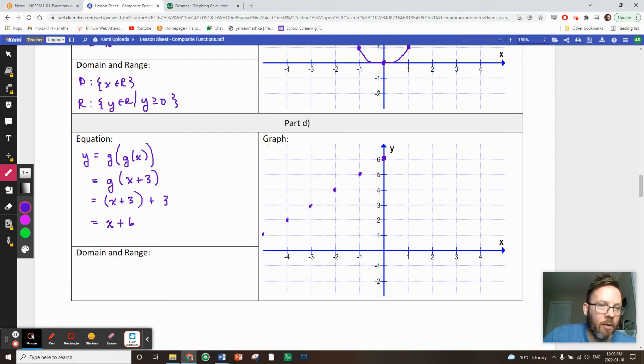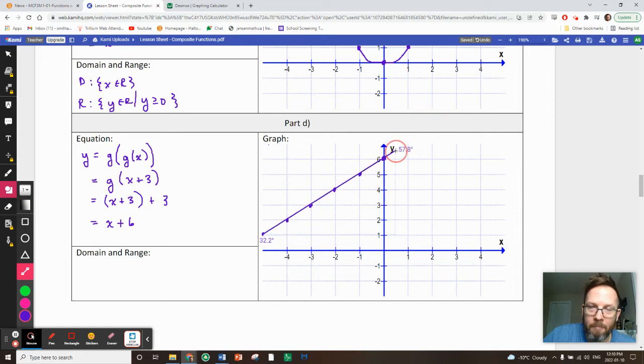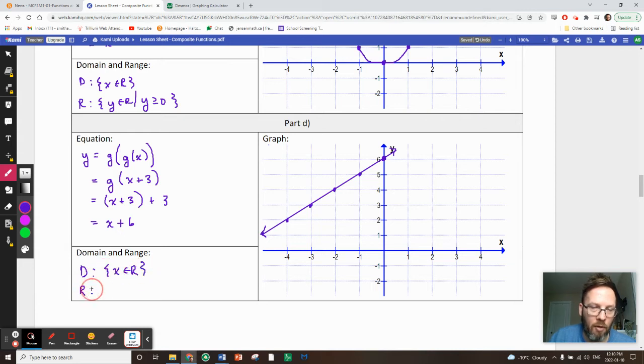I'm in Kami, so no excuse for me not to use a straight line tool for this guy. There we go. Now this is a line. It's a non-vertical line, so our domain and range are pretty straightforward. x can be any real number. In the range, y can be any real number.